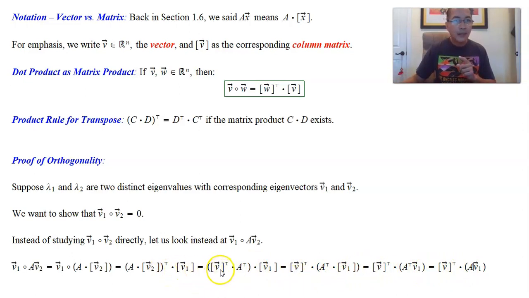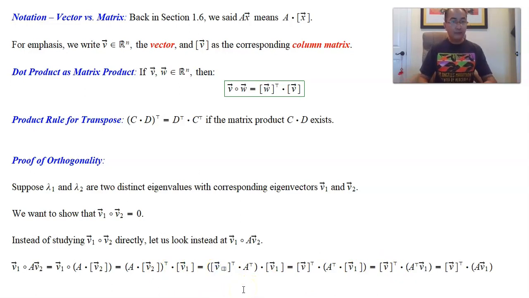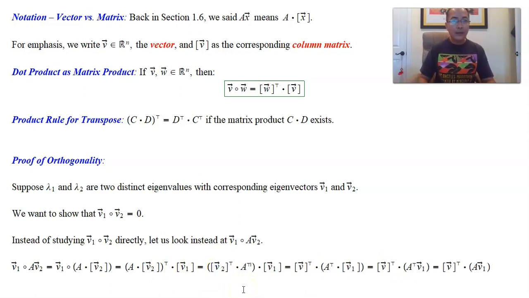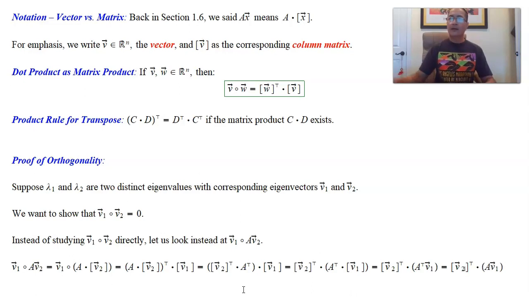That should have a V2 here, and this has V2, and that has V2. I don't know where it went. Okay, there you go. That's much better.